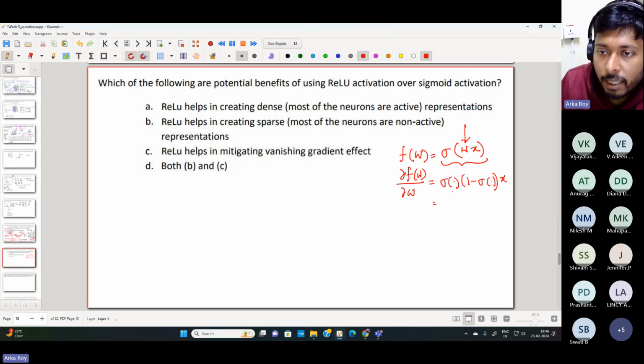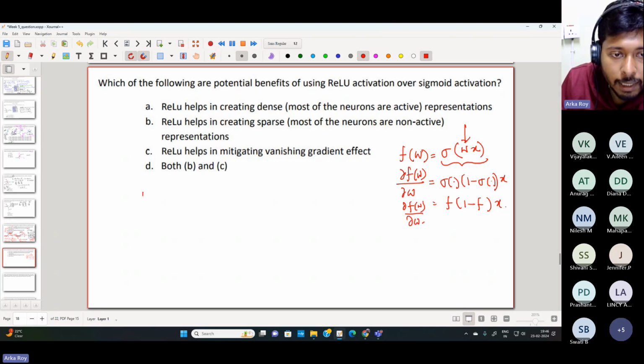So if I write it like this, it will be f into 1 minus f into x, that is del f by del w. Now, if I write the gradient descent equation, it is w(n+1) equals w(n) minus eta into del f by del w.